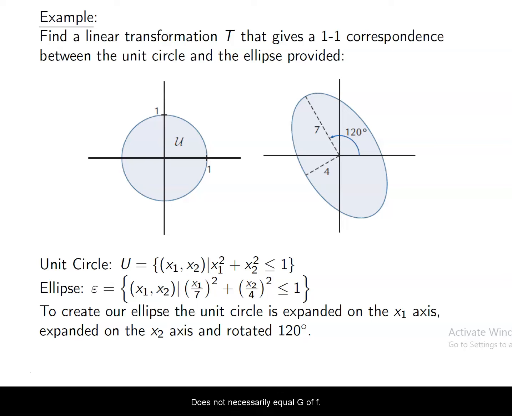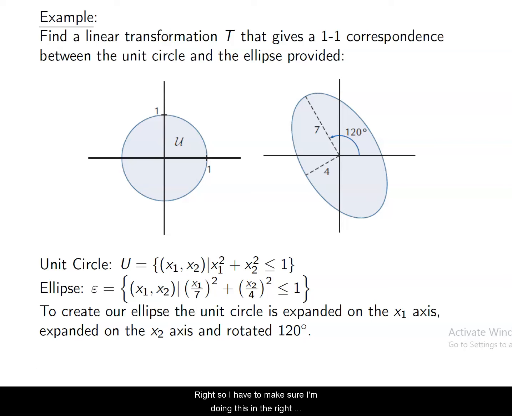If I have T1 and T2, and I'm trying to find the linear transformation matrix that takes me straight from my domain to my range, the order in which I multiply those two, T1 and T2, together to get that transformation matrix matters.